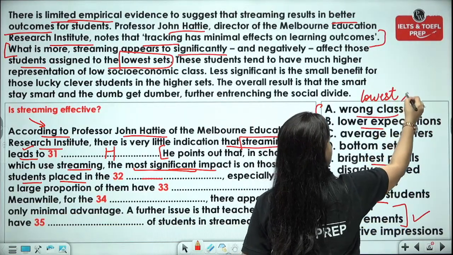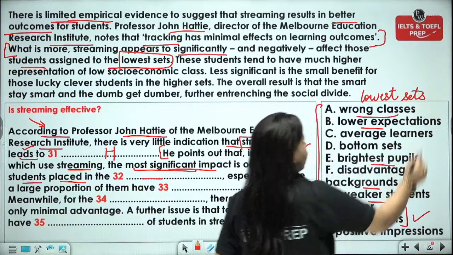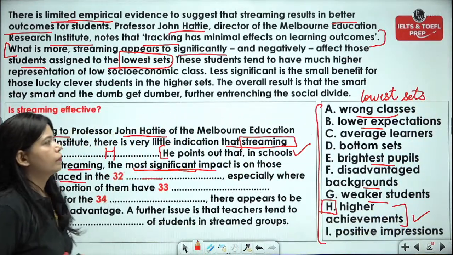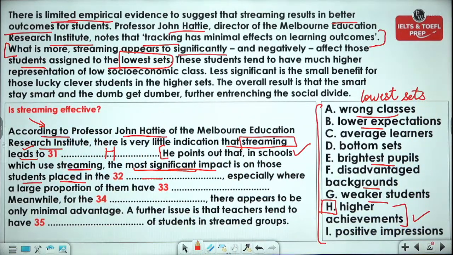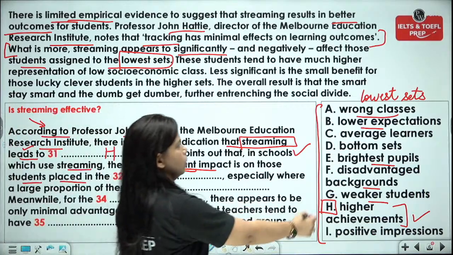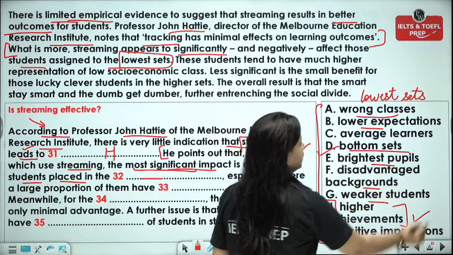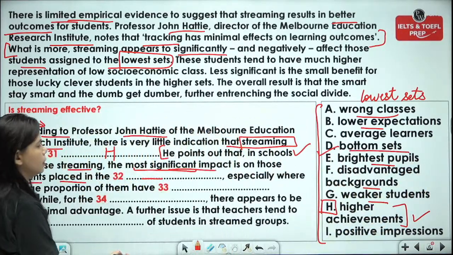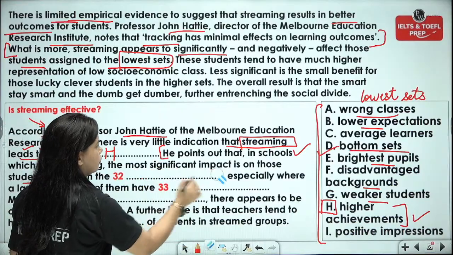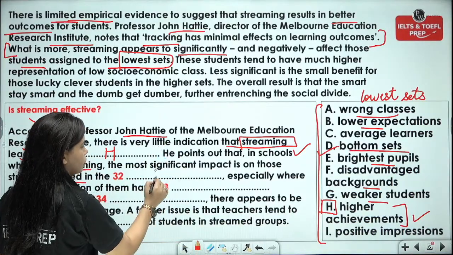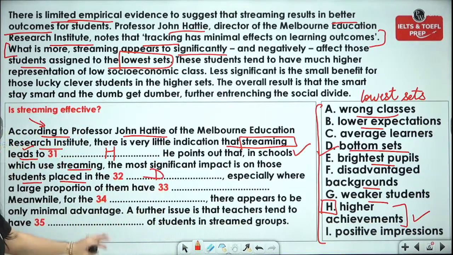What is that synonym? Can that be wrong class? No. It is very clearly D. Lowest sets is equal to bottom sets. And that's how answer number 32 is D. This was simpler. Let's proceed to the next one.